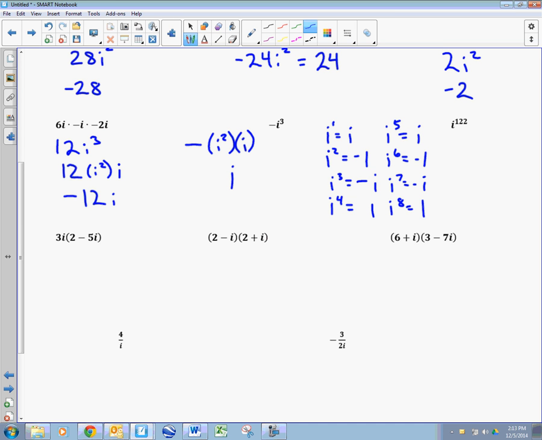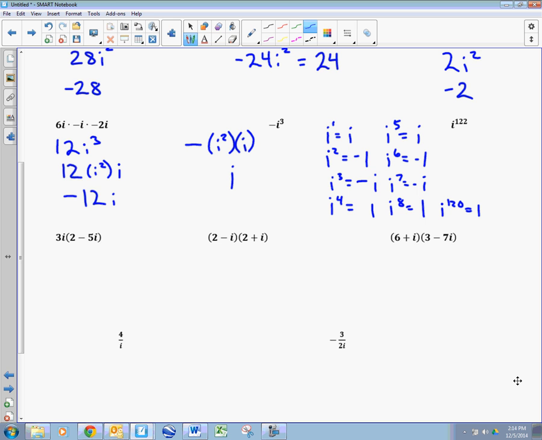So it looks like if the exponent is divisible by 4, the answer is 1. So what is a number close to 122 that's divisible by 4? 120. So i to the 120th power would be equal to 1. Then we'll continue on in the cycle.